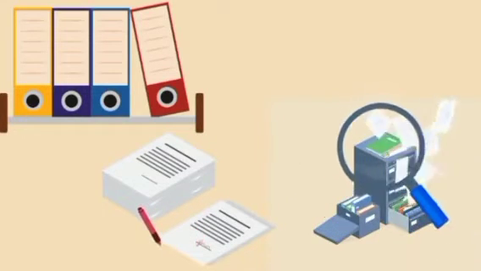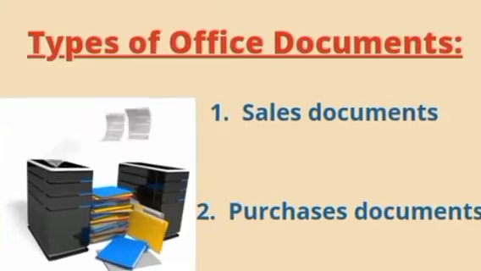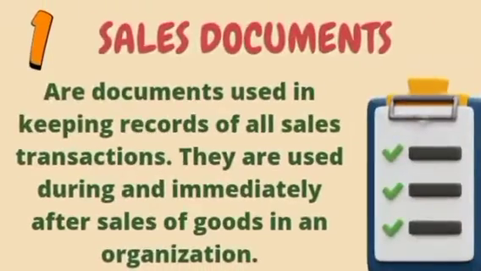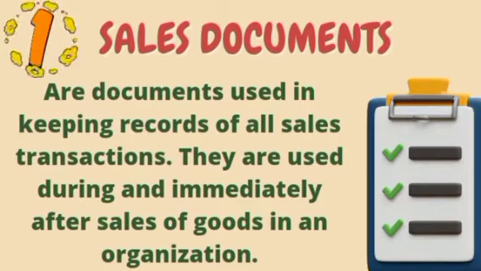The types of office documents: the sales document, and the purchases document. The sales documents are documents used in keeping records of all sales transactions. They are used during and immediately after sales of goods and rendering of services are completed in an organization.